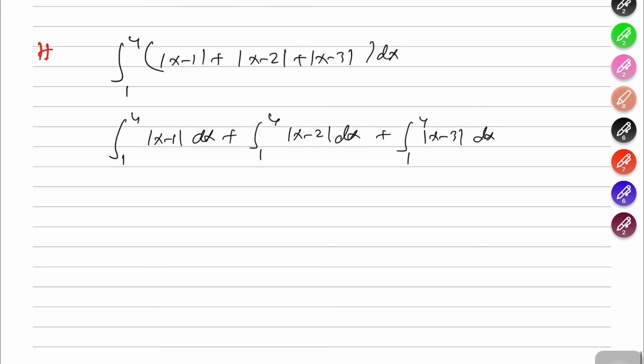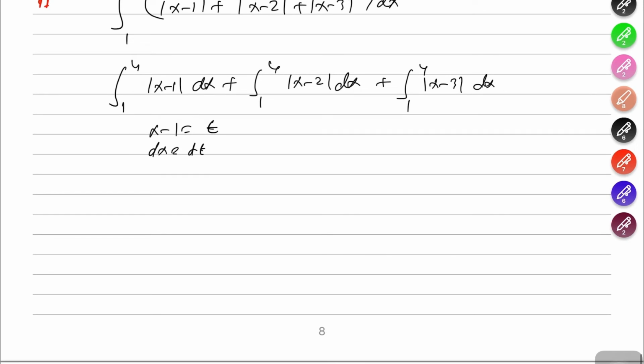Now you know how to solve this. Quickly, if I say x minus 1 is equal to t, then dx is equal to dt, so there is only an effect on the limits. If we put x equal to 1, that's 0, and 4 means 3.